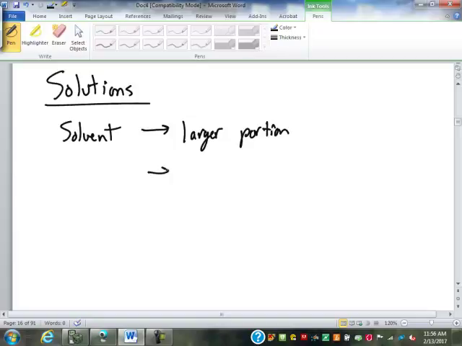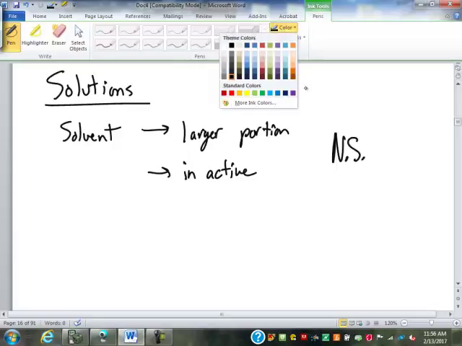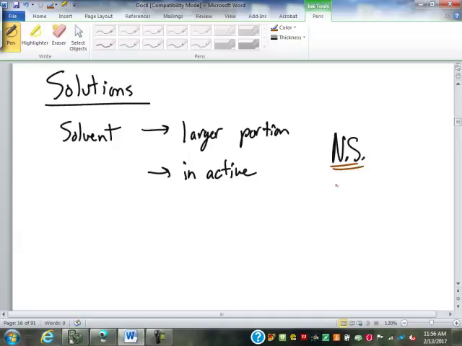And it is generally inactive. So most of the time it is water. Occasionally it might be an alcohol solution. In this class, we're going to talk about a generic solvent. We're going to use the abbreviation NS. NS can actually stand for a few different things.